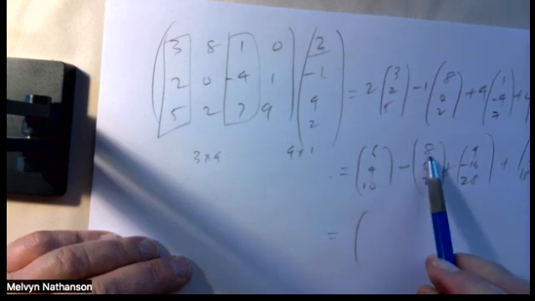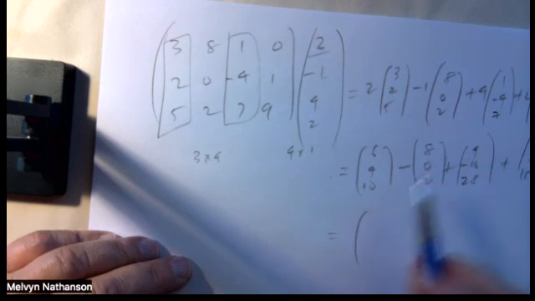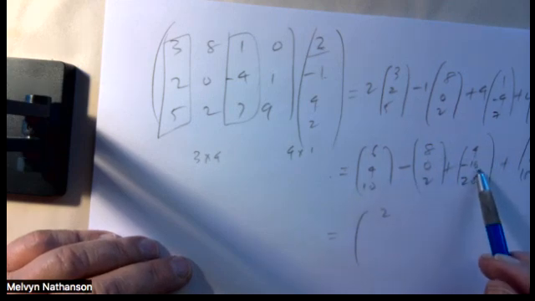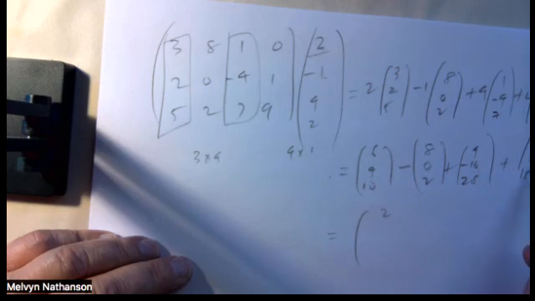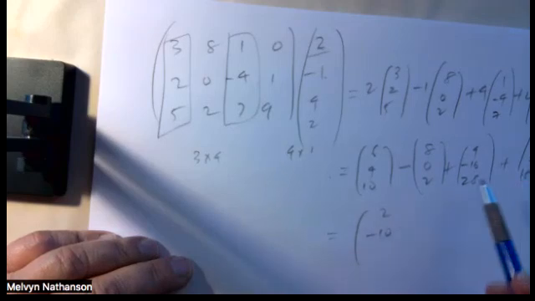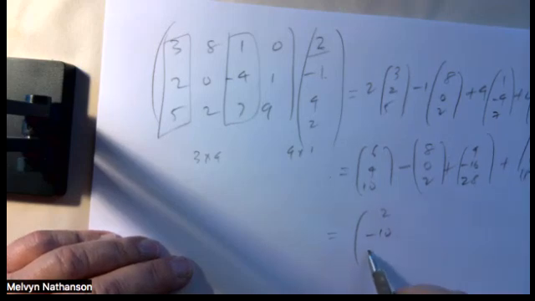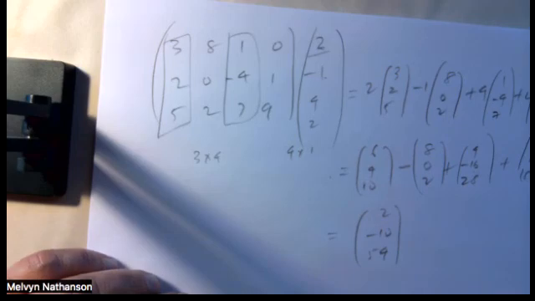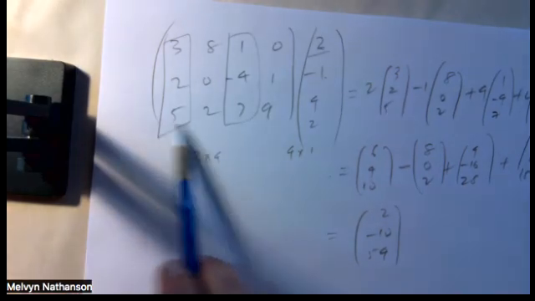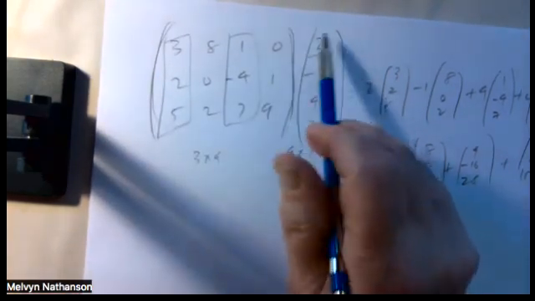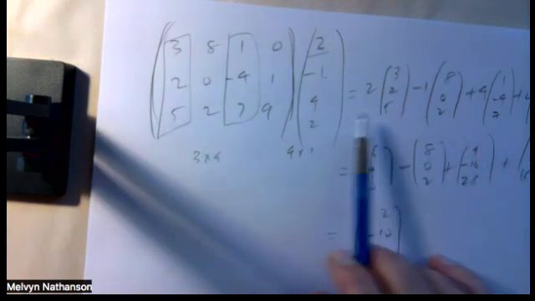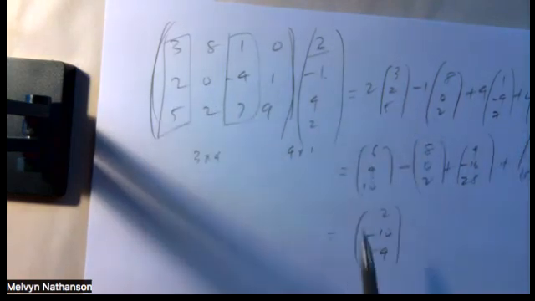So 6 minus 8 is minus 2, plus 4 is 2. 4 minus 16 is minus 12, plus 2 is minus 10. 10 minus 2 is 8, plus 28 is 36, plus 18 is 54. If this is correct, multiplying this matrix by this column vector, it's this linear combination of the columns in my matrix.